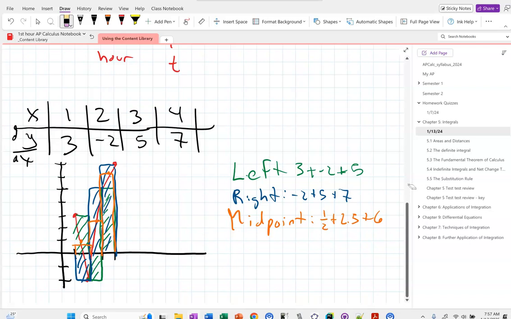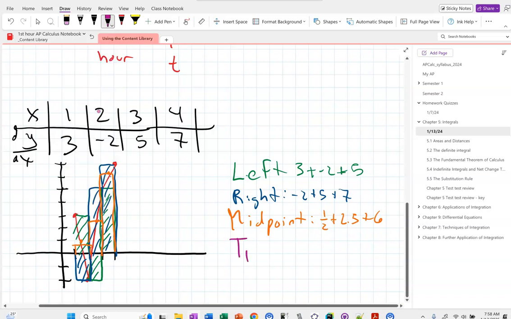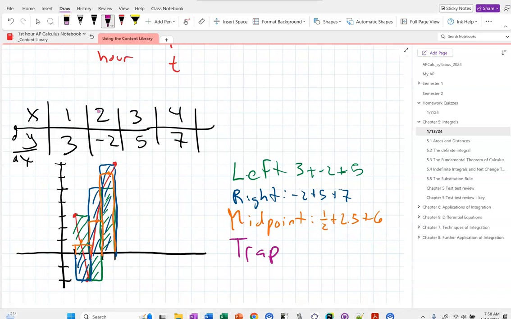Everybody's okay there? And the fourth way you could do this is you'd make a trapezoid. Remember the area for a trapezoid is 1/2 times (B1 plus B2) times H. Those are your y's, and the H is your change in x.